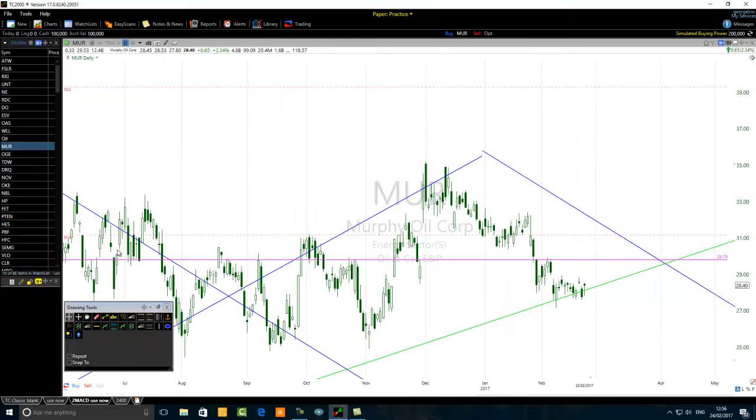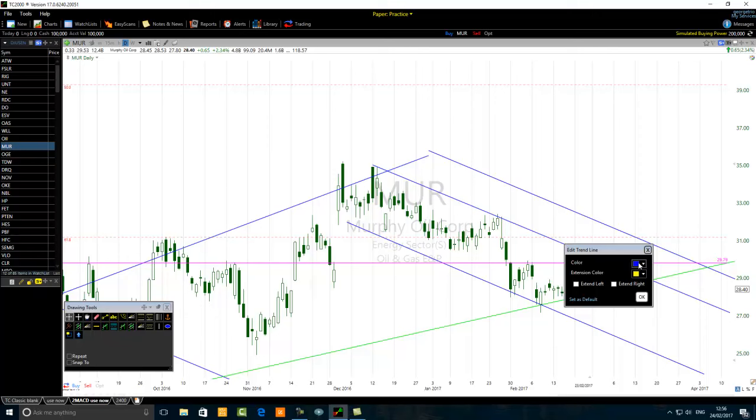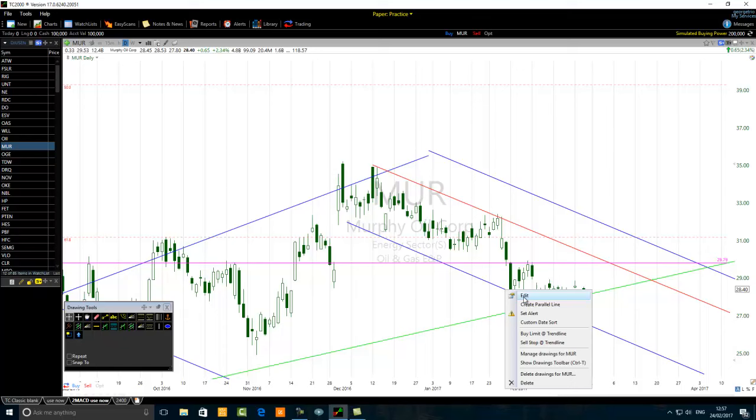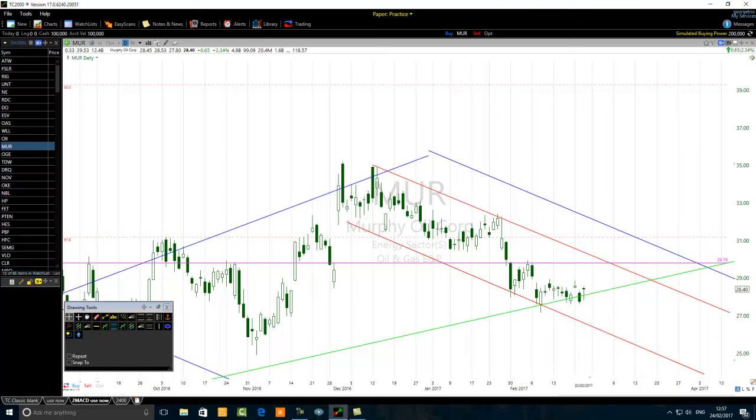So what can we see on the daily chart? On the daily chart, the price is in this declining channel. I'm going to color it red now.